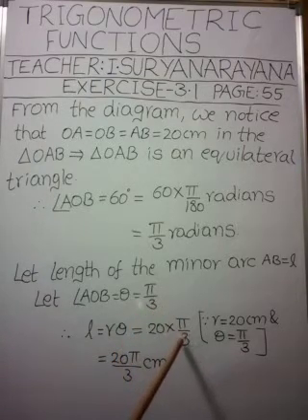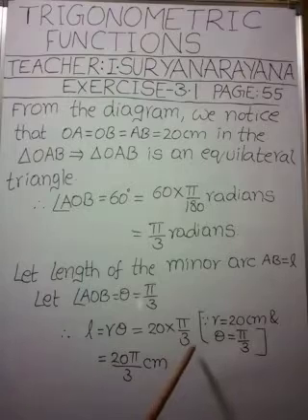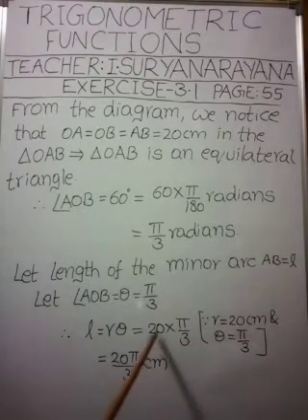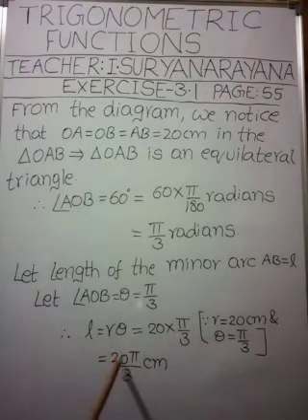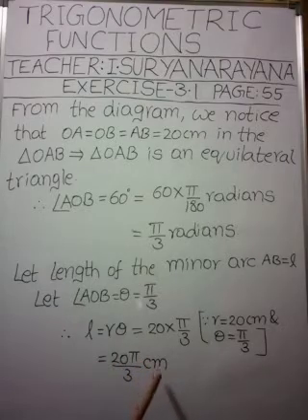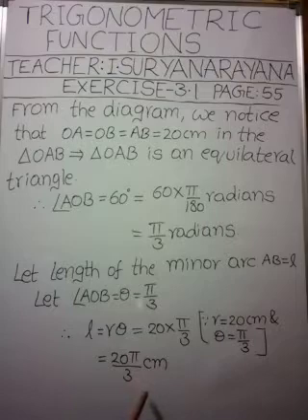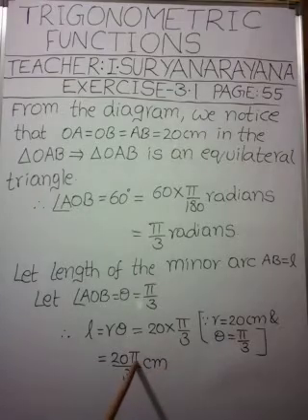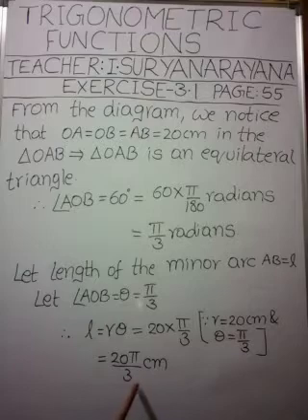Pi by 3. Understood this step, my dear children? Right. By simplifying these two numbers, what will you get here? 20 pi by 3 centimeters. We can stop at this step, my dear children. It is not mentioned in the question to use pi equal to 22 by 7. That is why we can stop at this step. Understood? Right.